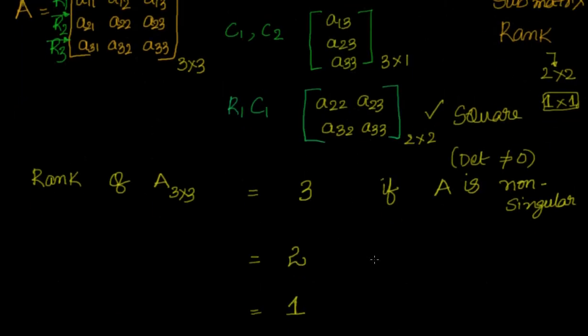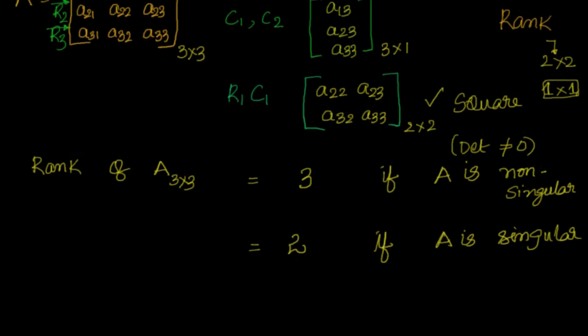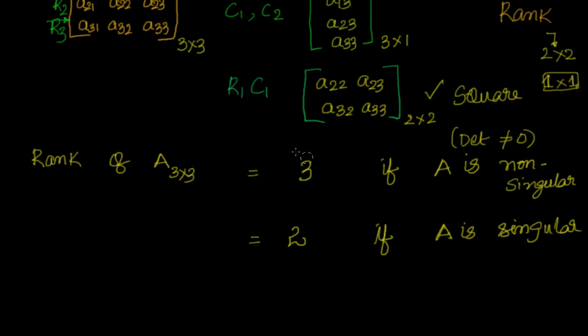It will become 2 if A is singular, and that means what's the meaning of that? A is singular means the determinant of A is 0.